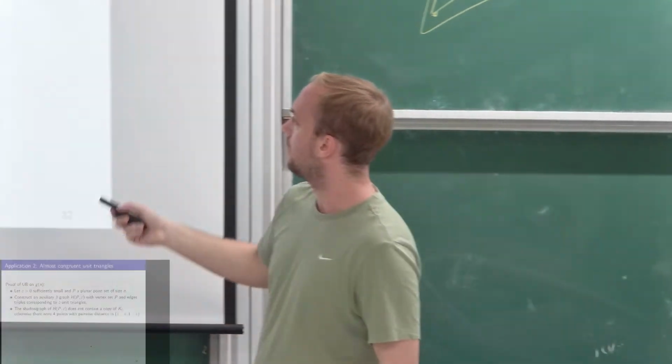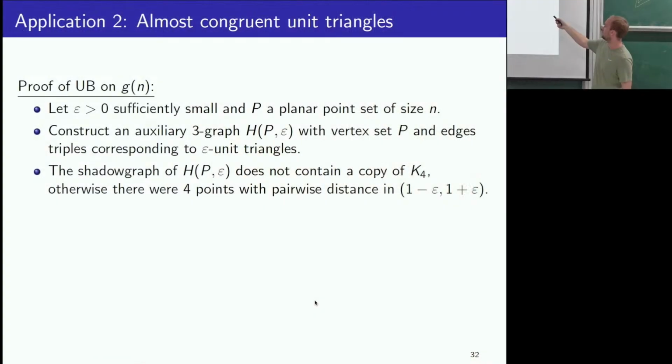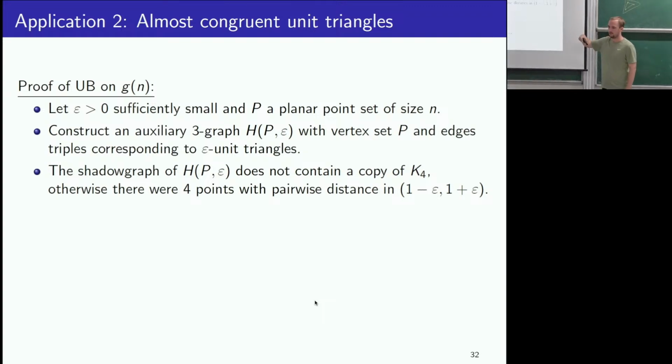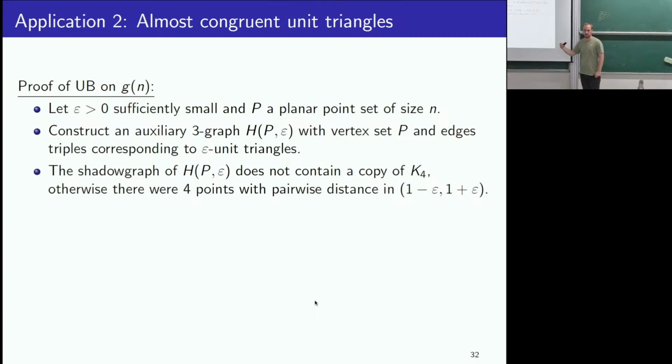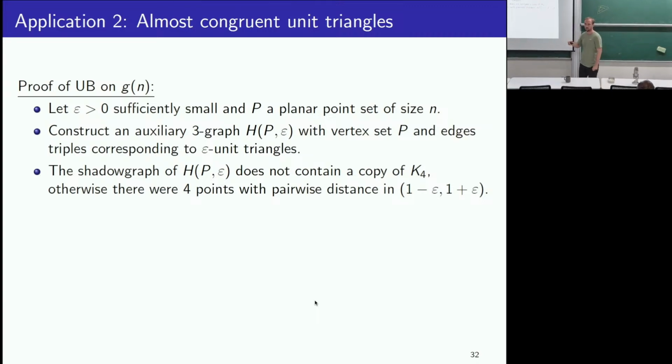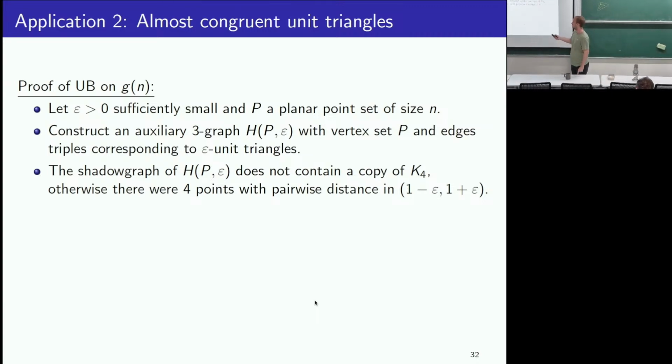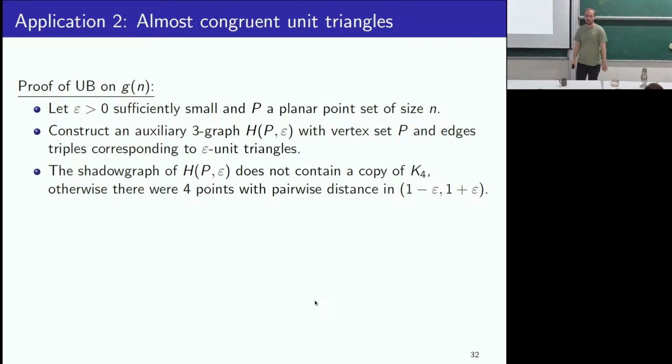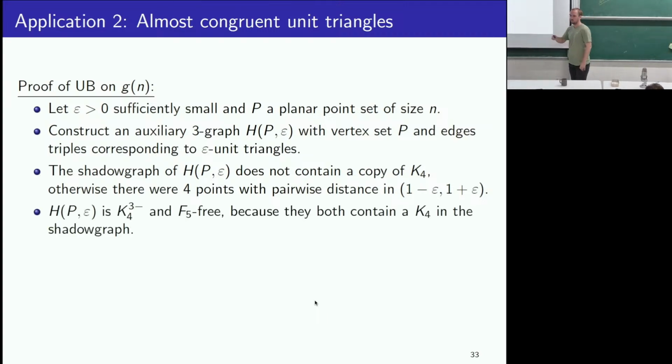And I'm claiming the shadow graph can't contain a copy of K4 because otherwise we can take this K4, but since every pair is in some 3-edge, every pair is part of an epsilon-unit triangle. This means every pair has distance between 1 minus epsilon and 1 plus epsilon. So now we have found 4 points with distance close to 1, but the previous observation said this can't be.